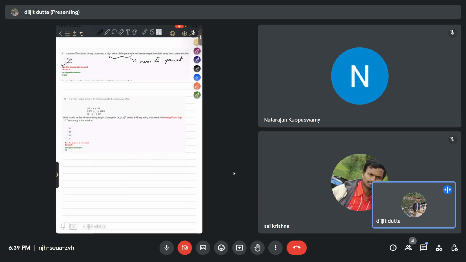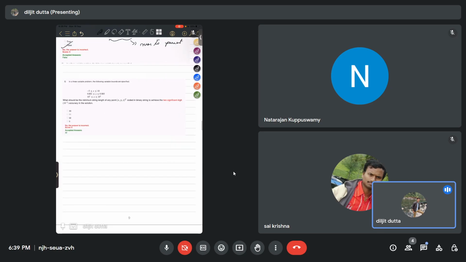Okay, so we have a problem. It's a three variable problem. The x value ranges from -5 to 10, the y value ranges from 0.001 to 0.005, and the z value ranges from 10 to the power 3 to 10 to the power 4. What should be the minimum string length at any point x, y, z coded in a binary string to achieve two significant digit accuracy?